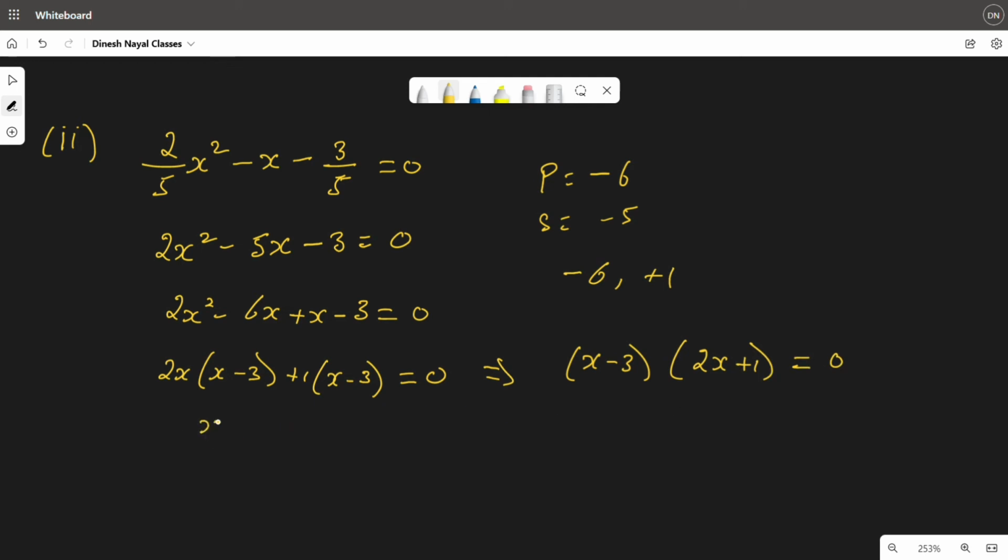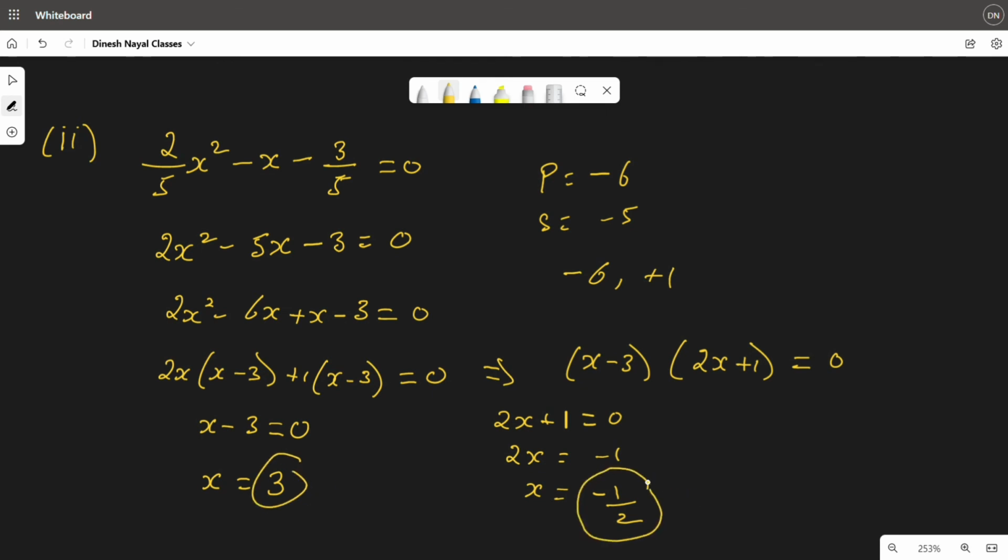Now since we have to find the roots, x minus 3 equals 0 implies x equals 3. And also 2x plus 1 equals 0 implies x equals minus 1 by 2. The two roots of the equation are minus 1 by 2 and 3. These are the two roots of the given equation.